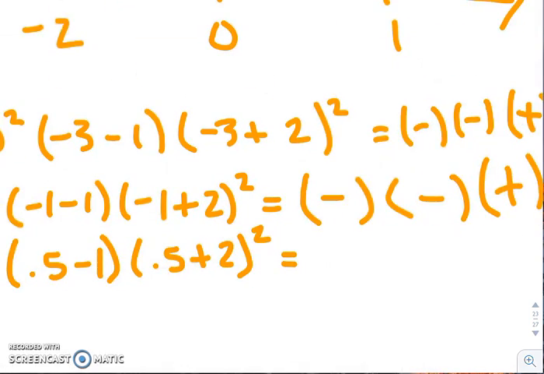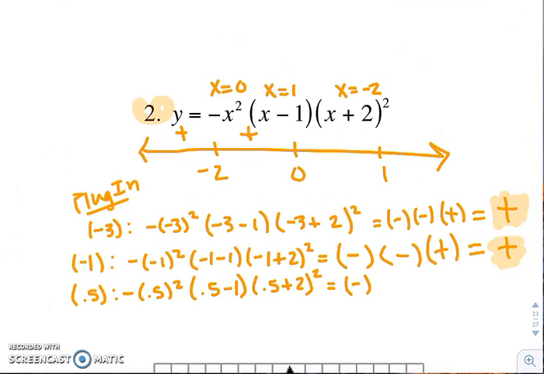You should also be noticing that that first value is always negative. 0.5 minus 1 is still a negative. And then anything squared at the end is going to be positive. So this section also will be positive.